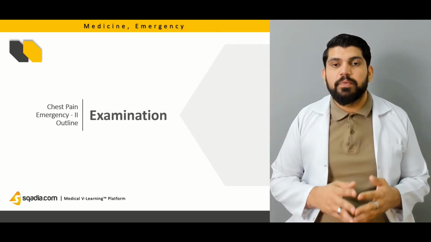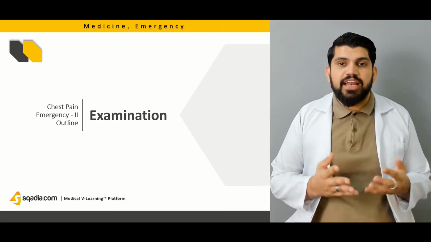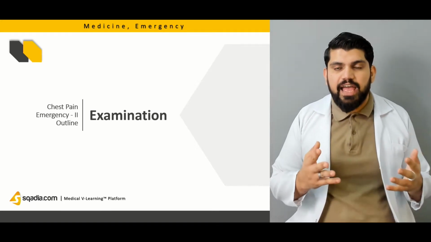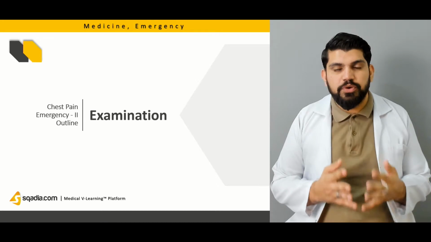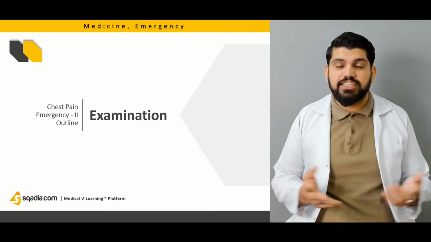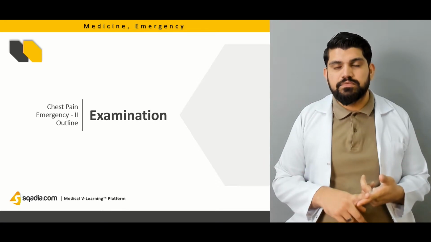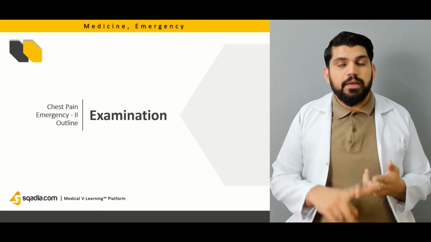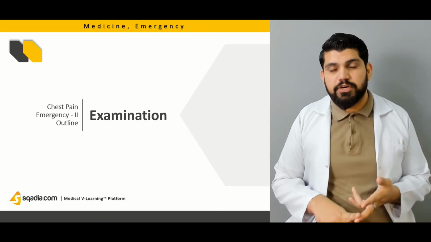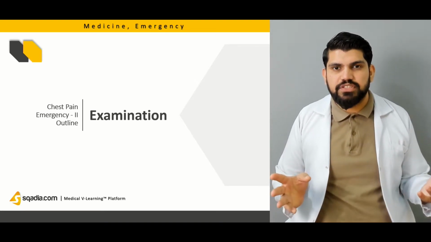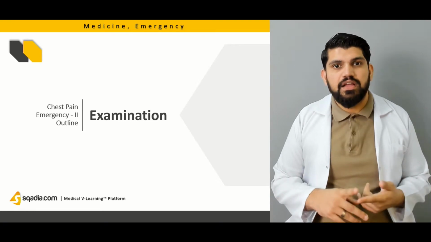Next would be examination. In cardiac pulmonary examination, you can find ample amount of information to reach to a diagnosis. For example, murmurs, abnormal heart sounds, right? Decreased pulse pressure, pulses deficit, difference in blood pressure, right?